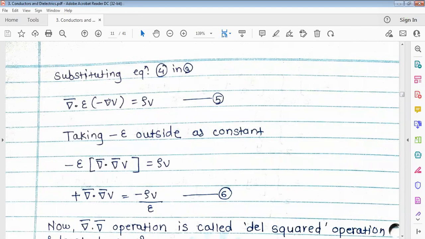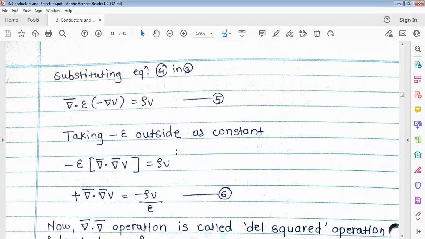If you don't give the bar, it is showing the vector quantity only, and if you give the bar, then also it is a vector quantity. So no difference between del and del bar. You can put the bar if you don't remember, but it is not compulsory to put the bar. Here from me it is missing, but it doesn't matter because it is a vector quantity.